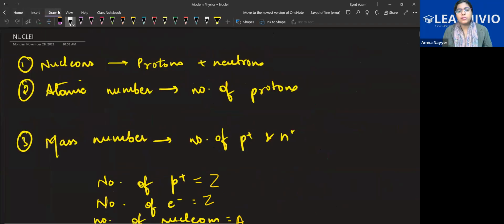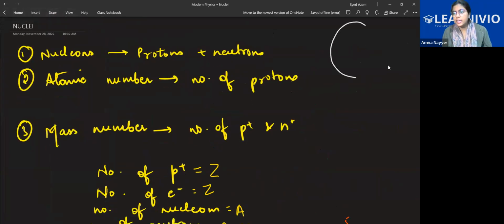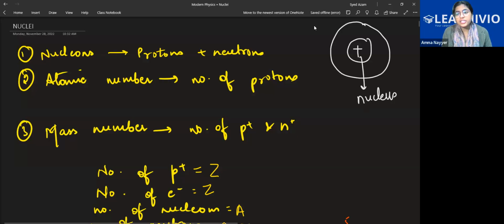When we were talking about the atom, the entire atom was present, and in the chapter atoms we talked about the Rutherford experiments, and the conclusion was that all of these positive charges are located centrally in a small core structure that is called the nucleus. So in the previous chapter, we were talking completely about the whole atom. Now in this chapter, we'll be just focusing on the properties of this nucleus.